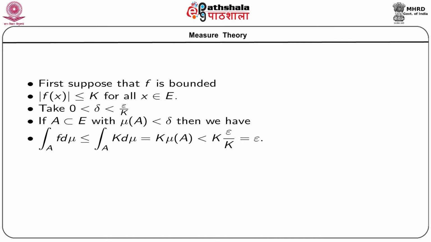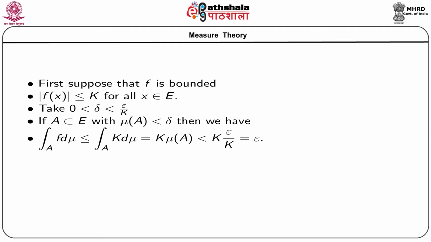integral over A f d mu. This is less or equal to integral over A capital K d mu, because the value of f x is always less or equal to capital K, and the right hand side is equal to K into mu A, and this is again less than K into epsilon by K. So, the end product is epsilon.